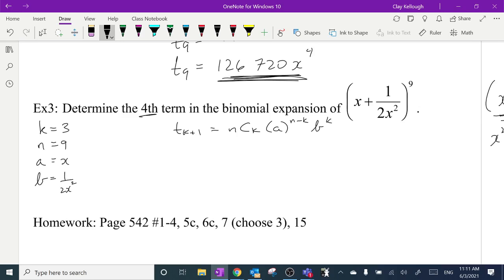So let's run that through the formula. The fourth term will be 9 choose 4 times, oh, I just made the calculator pop up and I didn't want to. Go away. Times, okay, what's a again? A is just x, so this is just x to the power of 9 minus 4. Times b, and in this case b is kind of a nasty looking thing, 1 over 2x squared.